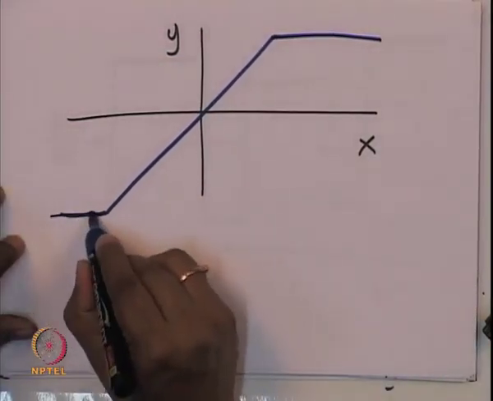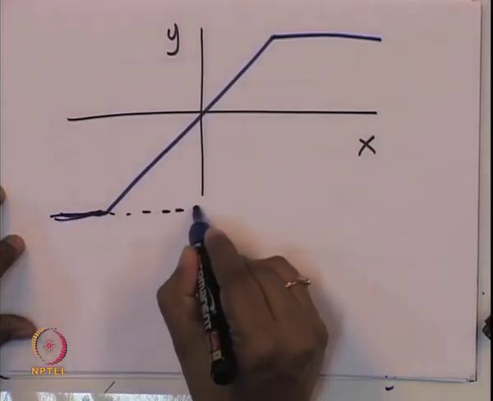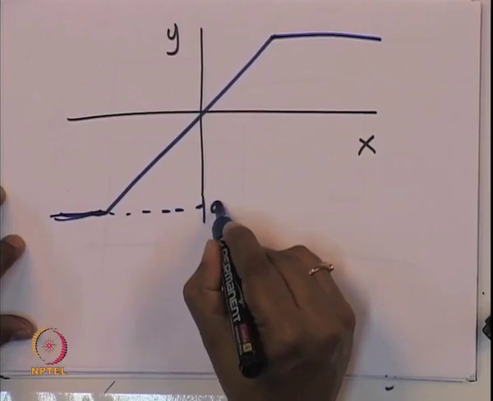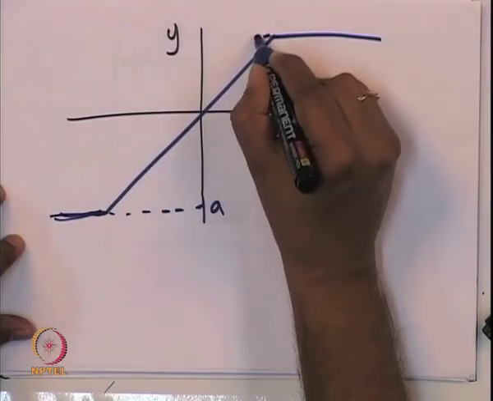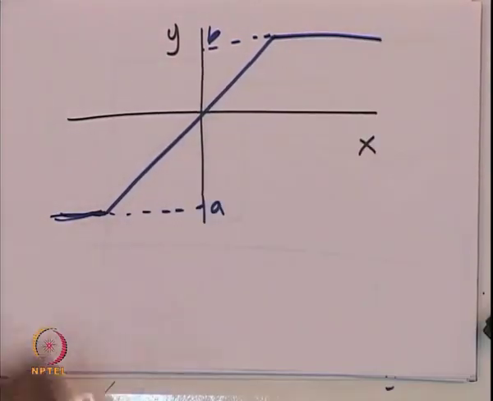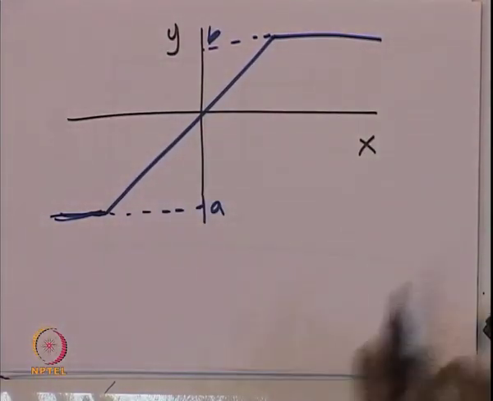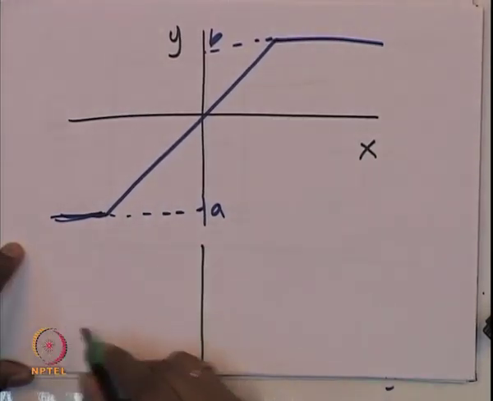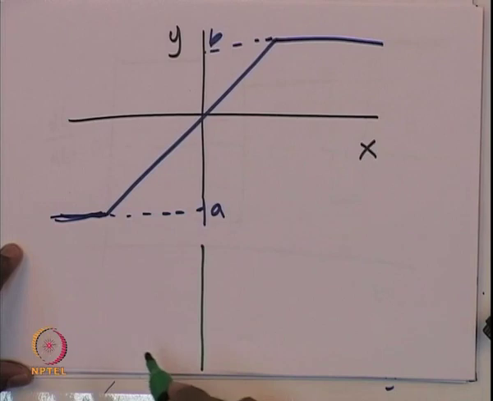The function has some particular value a here and some other particular value b here. These are constant values, and between them it's a straight line. And just below that, we have to draw the derivative of this.